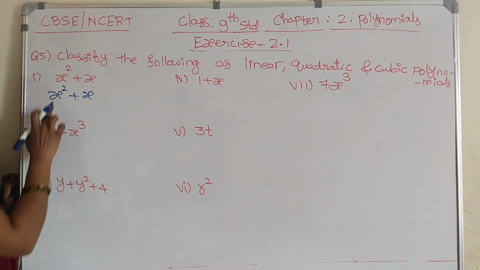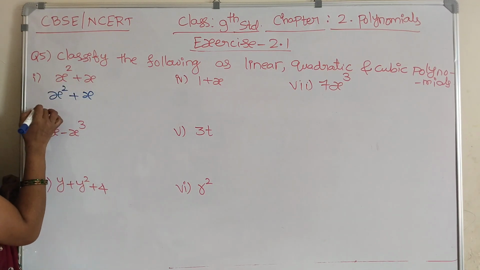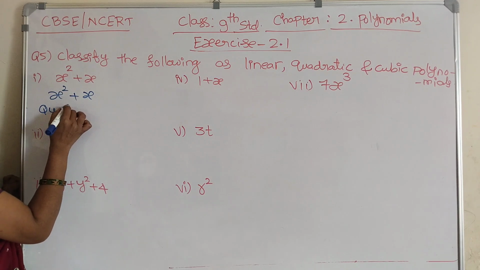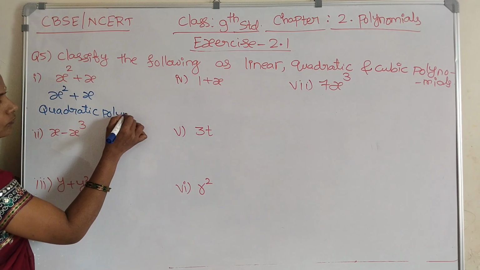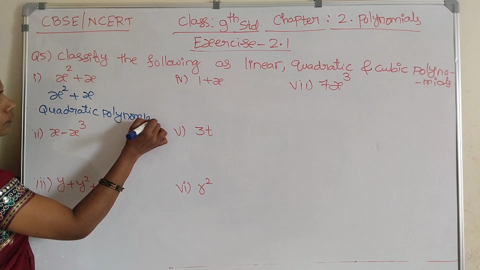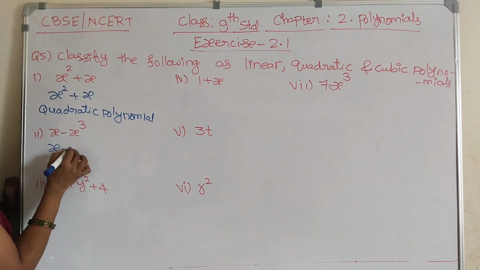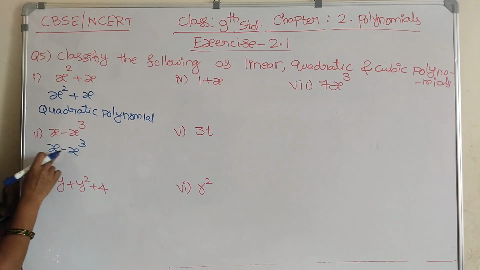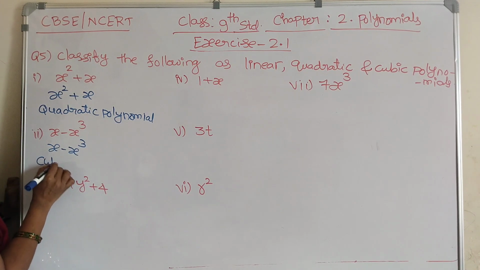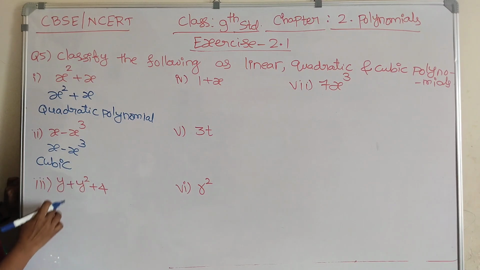The highest power of x is 2. Therefore, it is a quadratic polynomial. Next, x minus x cube is given. The highest power of x is 3. So that's why it is a cubic polynomial.